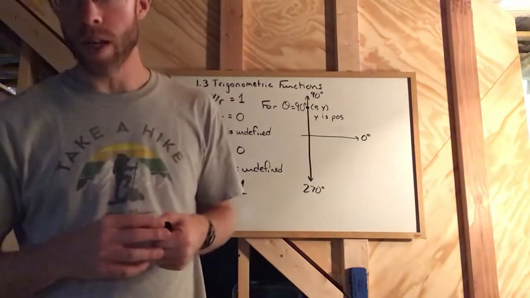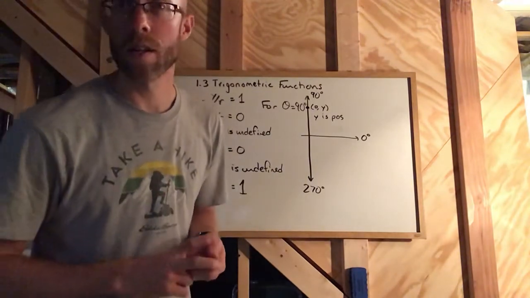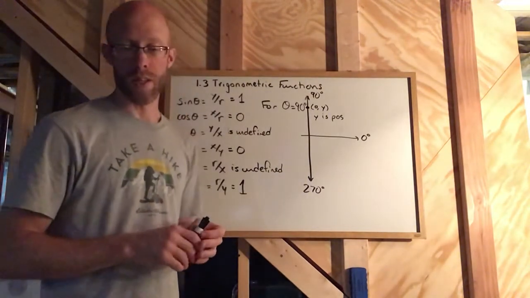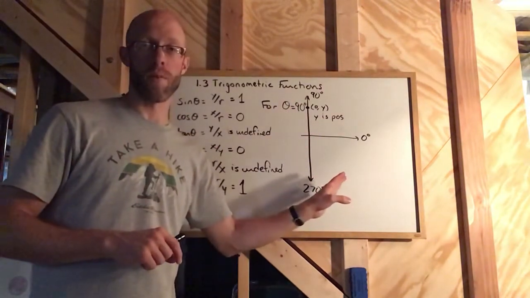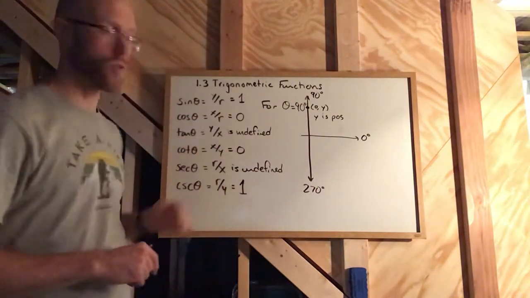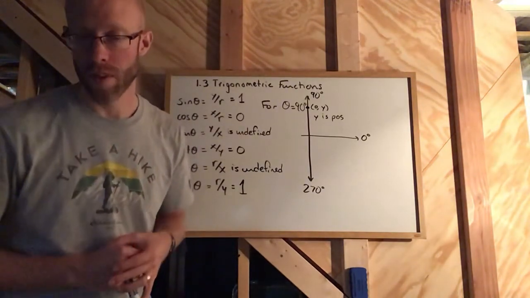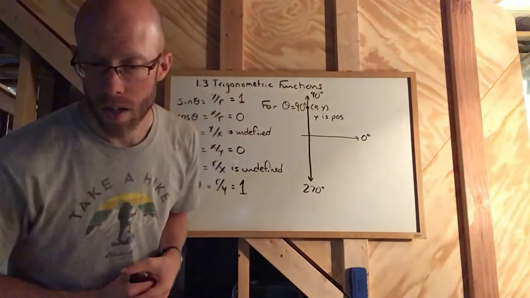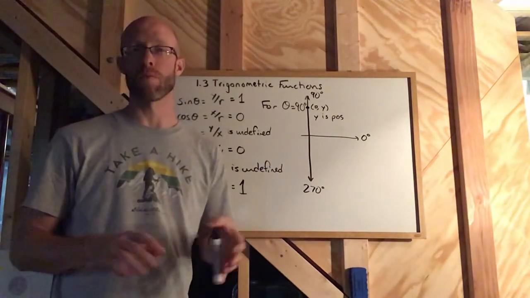There is also a table in your book on page 27 in 1.3 that summarizes all 4 of these angles with all 6 of the trig functions. So if you need to check on that, the table on page 27 will have a final summary of all that stuff.